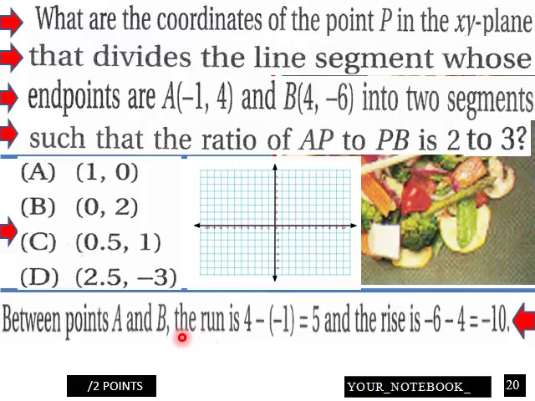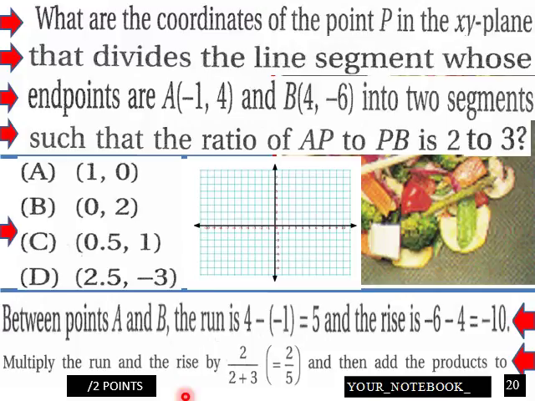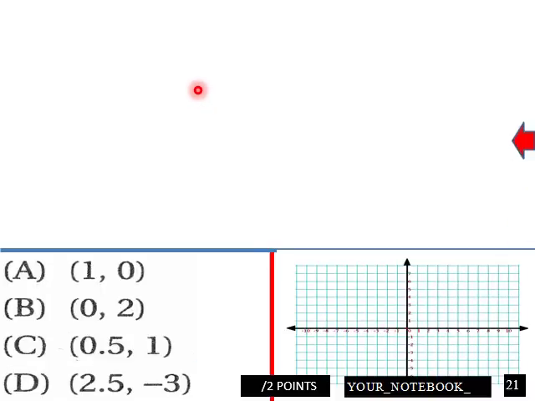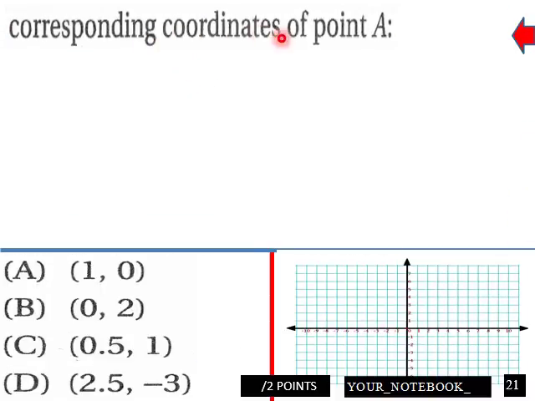Between points A and B, we have a run of 5 and a rise of -10. We then multiply run and rise by 2 over 2 plus 3, which equals 2 over 5, and then add the corresponding coordinates of A.